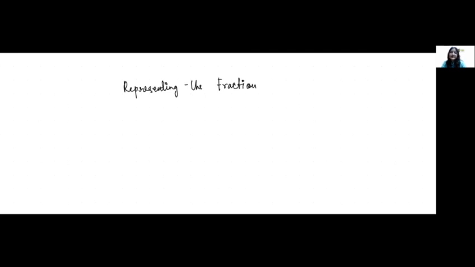We represent fractions using 2 numbers: an upper number or top number, and a lower number or bottom number, with a line in between. This is a very general idea of how to represent fractions.